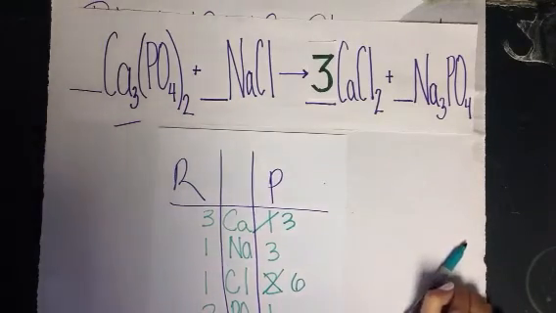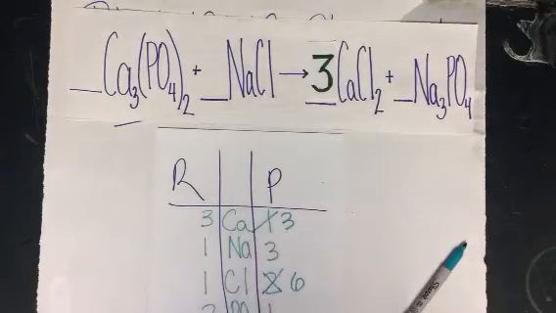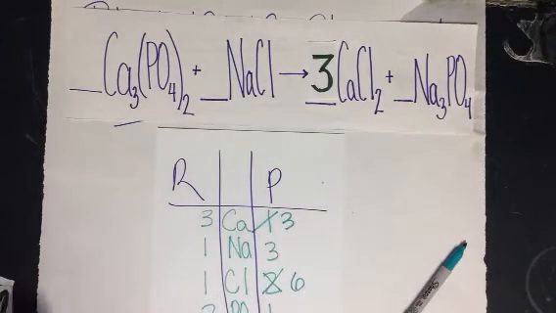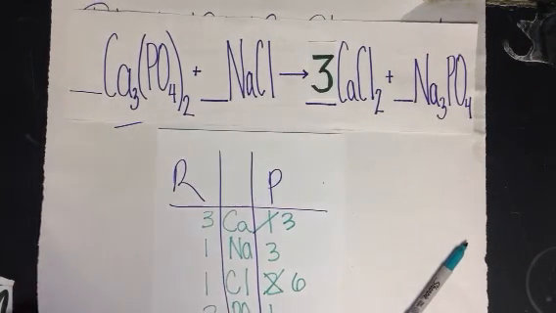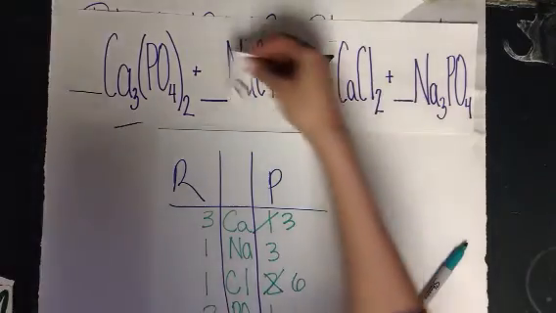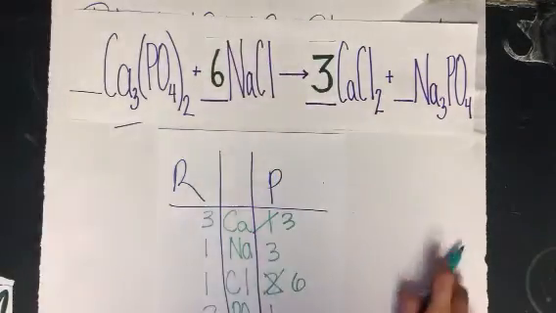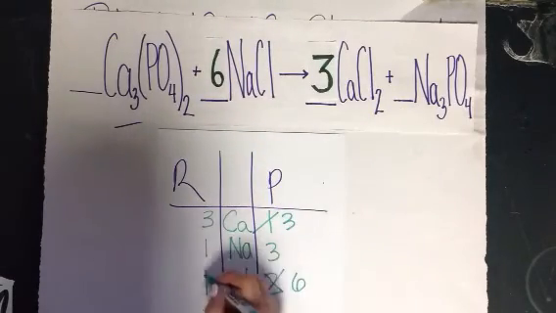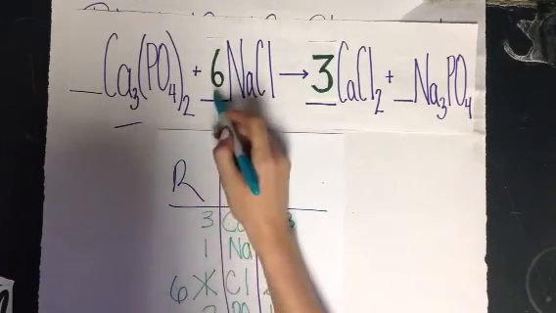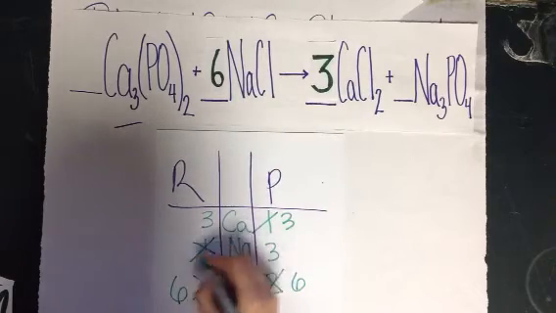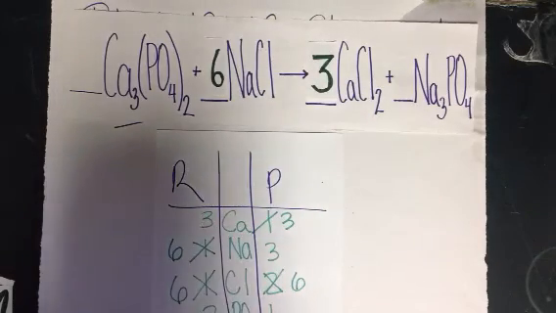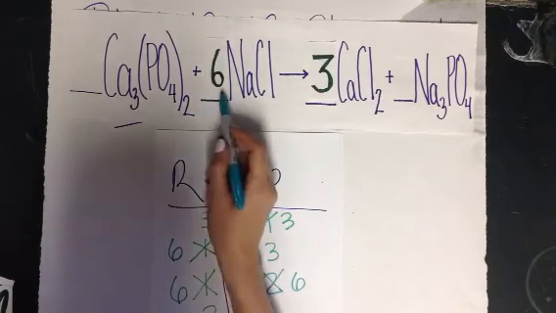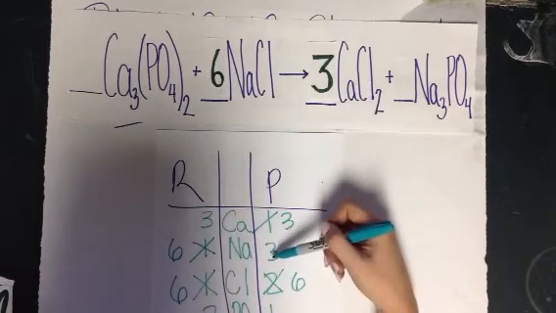Now, because I affected my chloride, let's balance my chlorides. 6 chlorides here, now I added 6 chlorides there. So now I fix this side, 6. Now I have 6 sodiums. Did I affect anything else? No. Good.